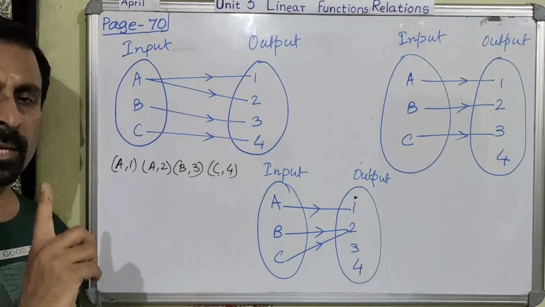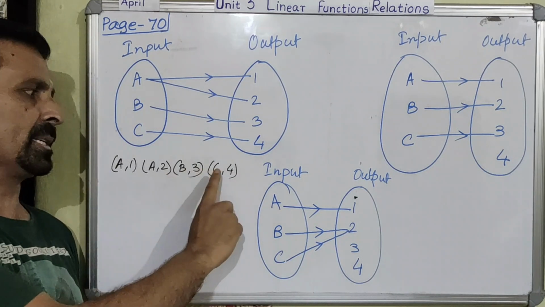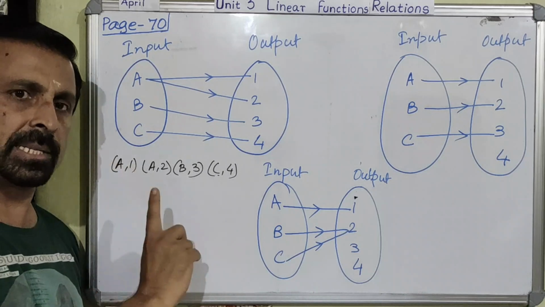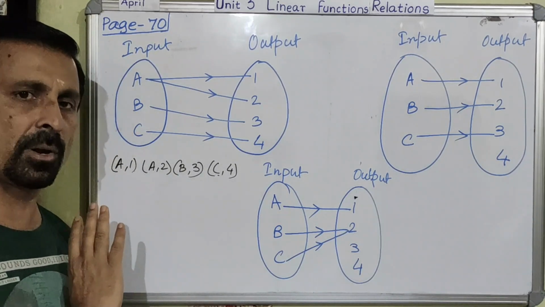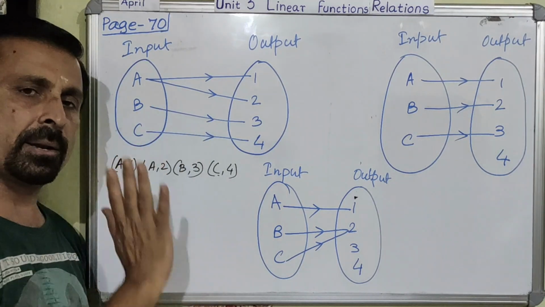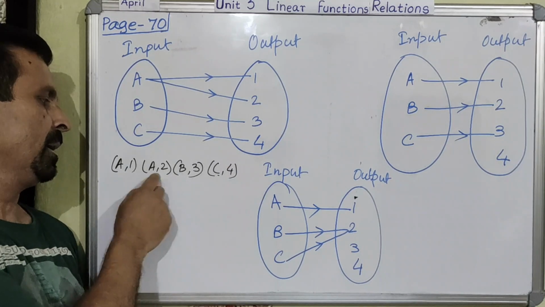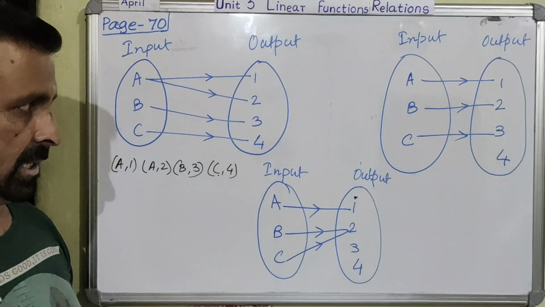Is there any repetition of the first element in any of the pairs? Is the first term repeated? If the first term is repeated in any of these pairs, then that is not a function. It is only a relation. So here, in these 2 pairs, the first elements are repeating. Therefore, this is not a function.